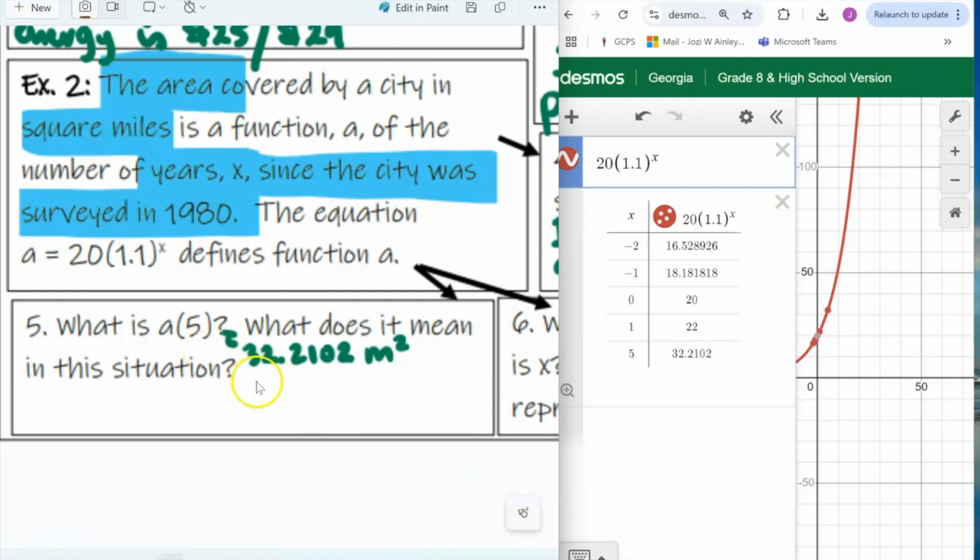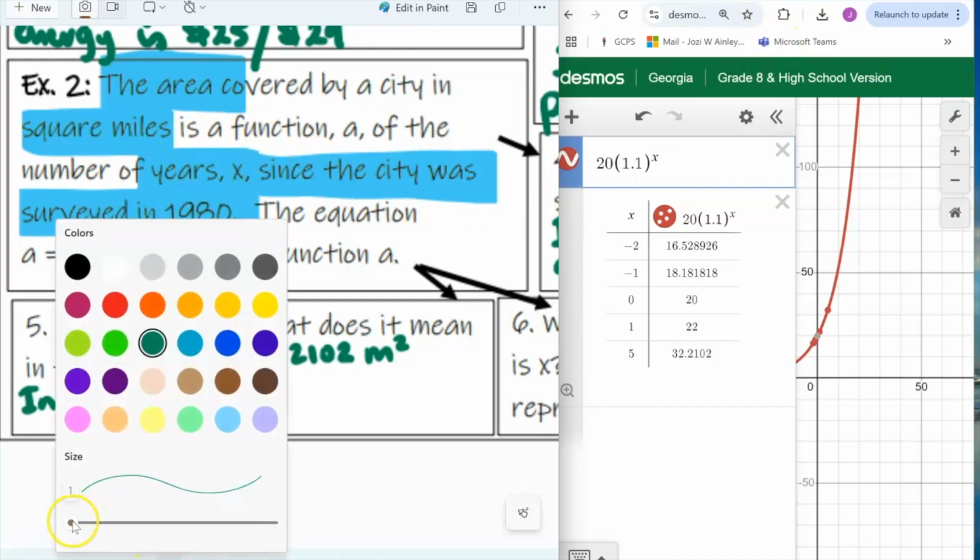All right, what does it mean in this situation? So again, just describing in words, what does this mean? 5 years after 1980, the area covered by the city in square miles is 32.2102. Or you can actually say in 1985, in fact, that's the one I'm going to use. So let's go ahead and do that. In 1985, and where do I get the 85 from? I'm adding 5 to the 1980.